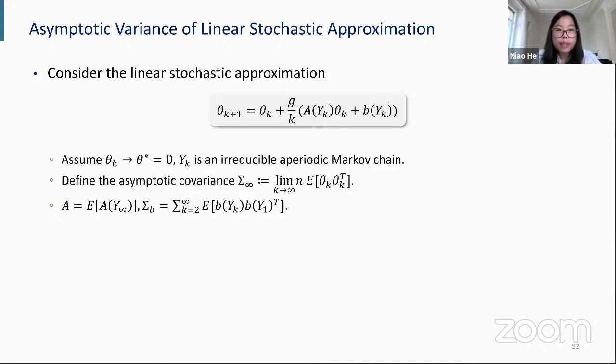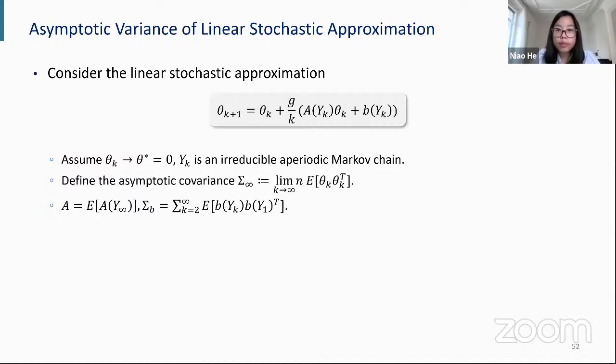And suppose we define this matrix A as the matrix associated with the underlying ODE in the steady state, and the covariance matrix of this affine term B as the following.